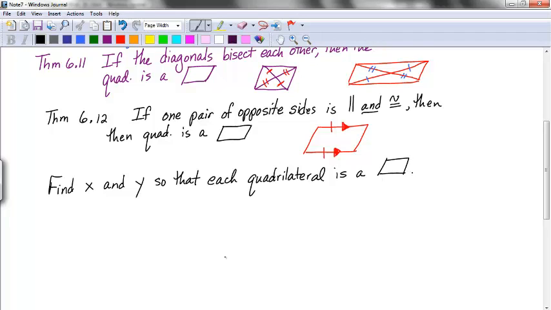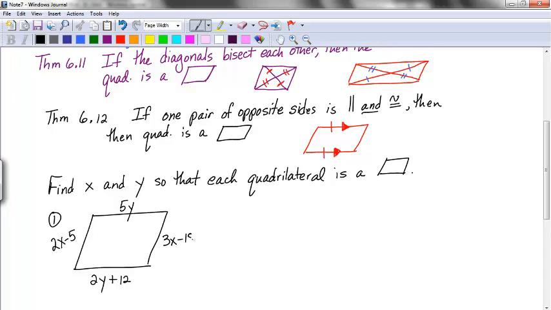Okay, they want it so that each one is a parallelogram. So, example. Say I give you this side was 5y, this side was 2y plus 12, this side was 2x minus 5, and this side was 3x minus 18.